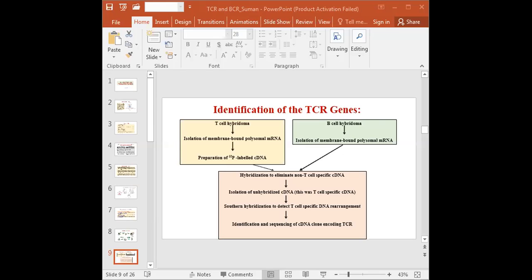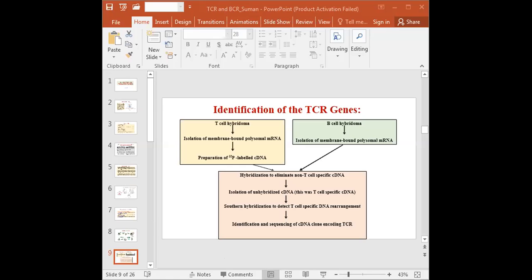Further, when probed with cDNA from the clone, T cells with different antigen specificities also showed band profiles which were very different from each other. So these results pointed to the fact that the cDNA clone is formed as a result of DNA rearrangements. Subsequent studies established that the cDNA clone encodes the TCR beta gene.